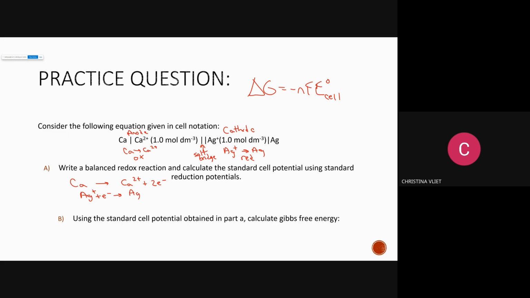Now, how do we balance these two reactions with each other? Multiply the bottom one by 2. That's it. This will allow the electrons to cancel, which we have to do. And then what would our final reaction be? Ca plus 2Ag+ goes to Ca2+ plus 2Ag.